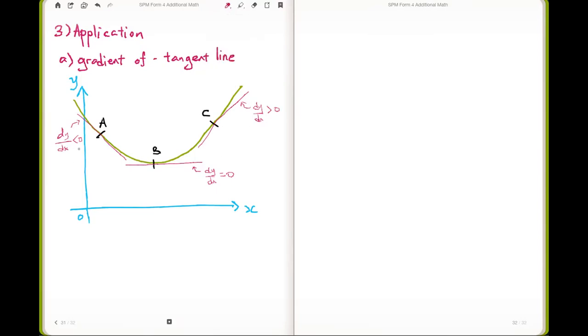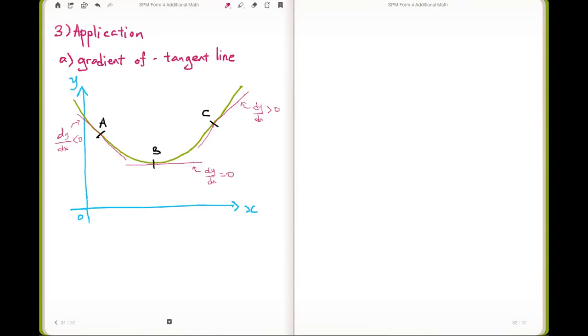You get to see that the gradient changes from negative to 0 and to positive. If I get the general equation of the tangent, meaning dy dx, at different points, you will find that the gradient changes at different locations.